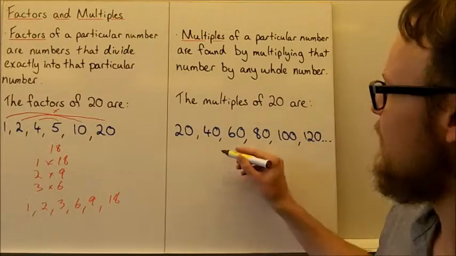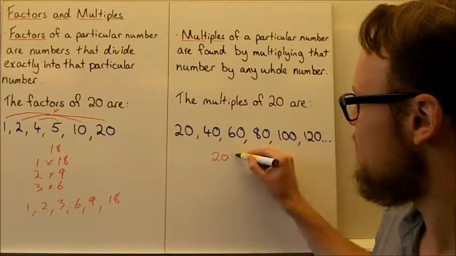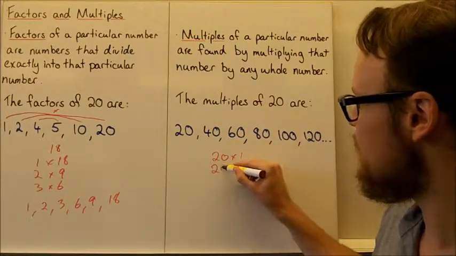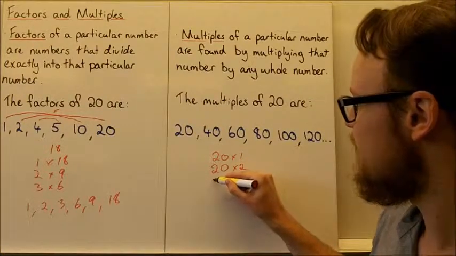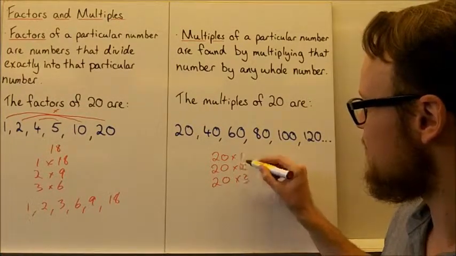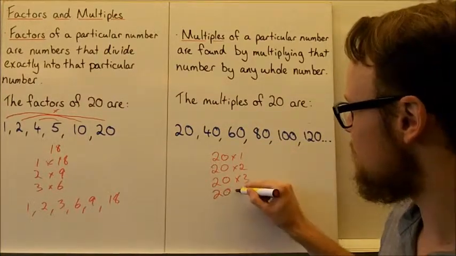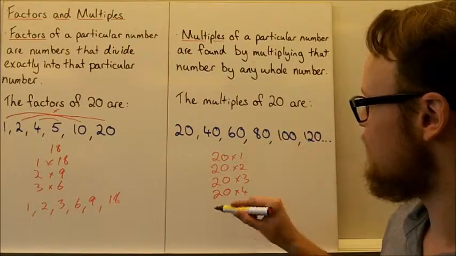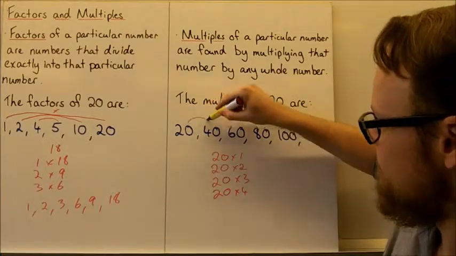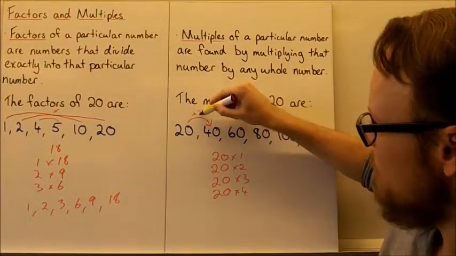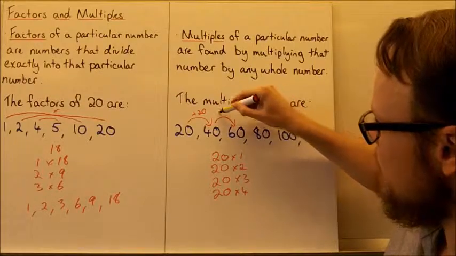We can find that by 20 times 1 is 20, then 20 times 2 is the next multiple, 40, 20 times 3 is 60, 20 times 4 is 80, etc. You can also see that for subsequent multiples, we're adding 20 each time.